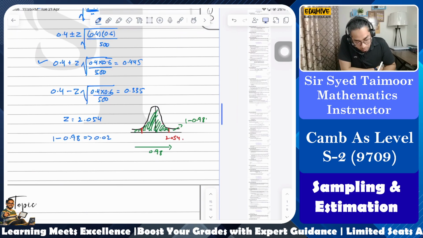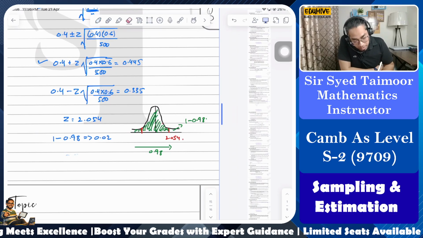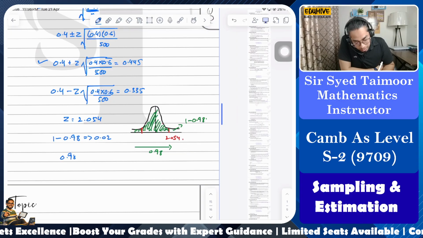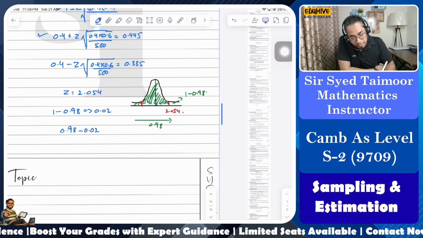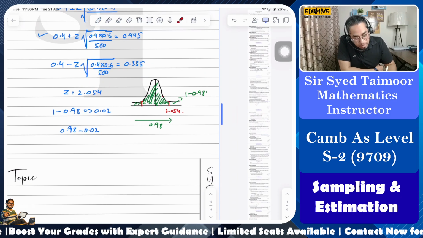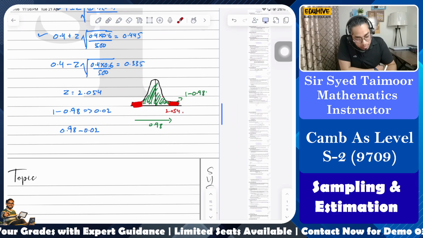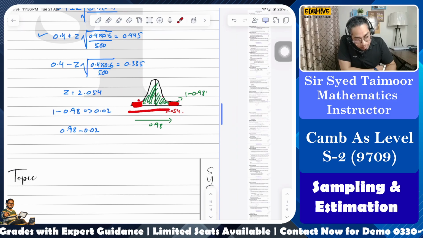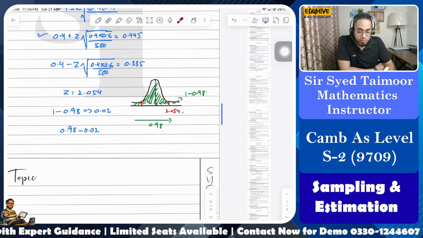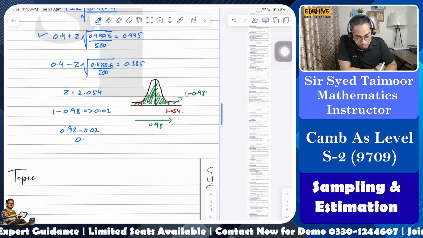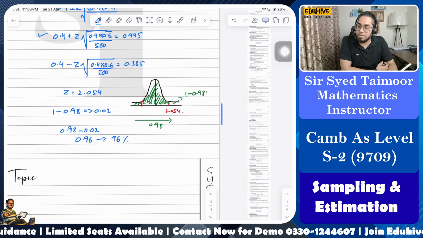So 0.98 minus 0.02, what is it? That value will be the same over here, no? So I use the whole and subtract this part to figure out this portion. 0.96. So it means it is going to be a 96% confidence interval.